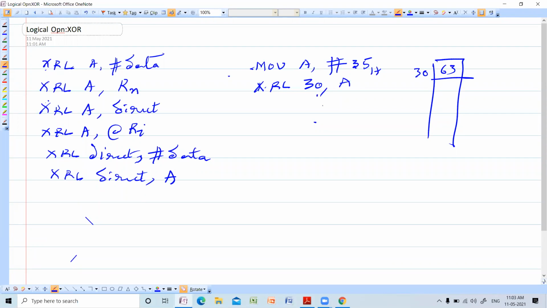If I write XRL 30, comma A, what happens? What will be copied at 30?